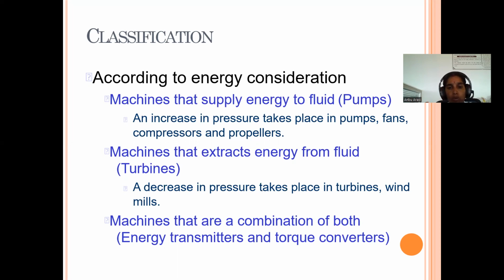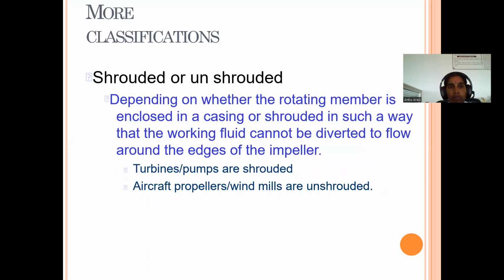Machines can also be shrouded or unshrouded, depending on whether the rotating member is enclosed in a casing, in such a way that the working fluid cannot flow around the edges of the impeller. Turbines and pumps are shrouded. Aircraft propellers and windmills are unshrouded.